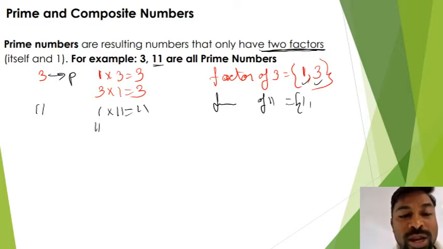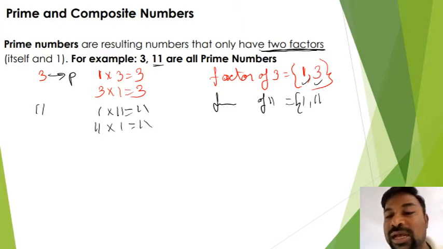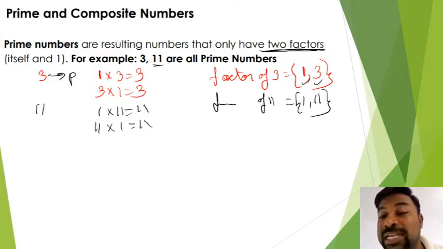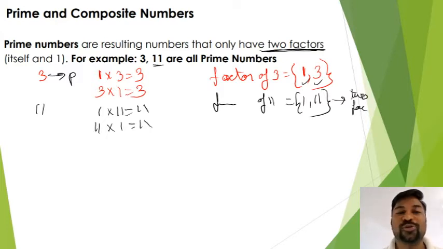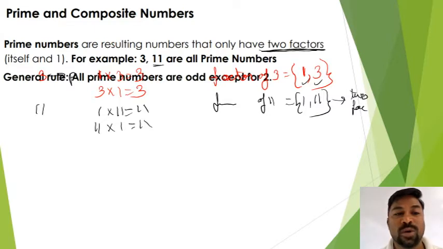Again, 11 ones is also 11, so it lies in the 11 table also. How many factors does it have? It has 2 factors, right? So according to the rule, 3 and 11 are prime numbers, because they have only 2 factors.